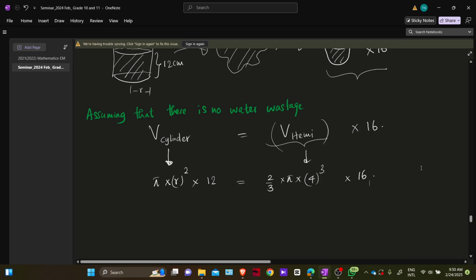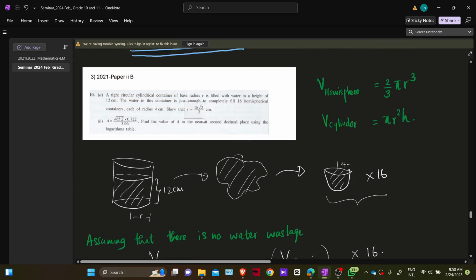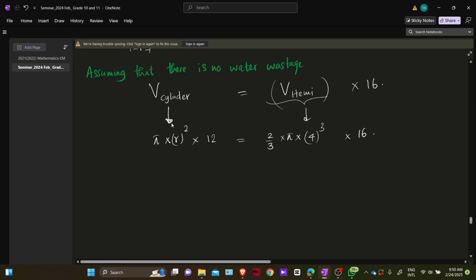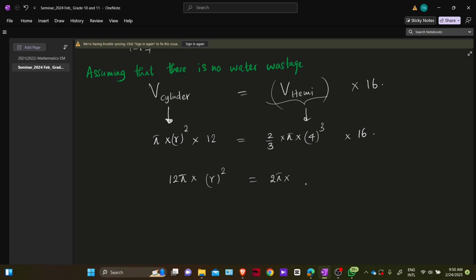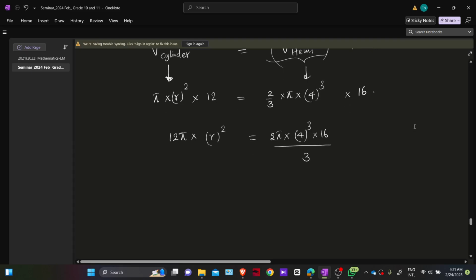Okay. It's about to find r. You need to isolate r. Before finding r, you need to isolate r to the index 2, which means you need to remove pi and 12, right? So I'll combine them together. This will be equal to 2 pi, r to the index 3 times 16 over 3, right?